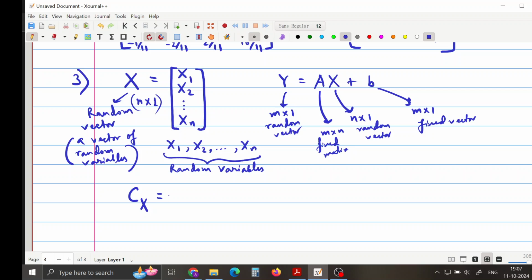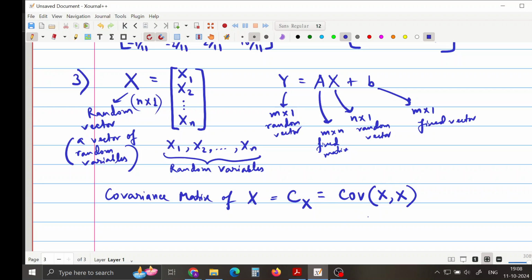It's the covariance matrix of the random vector x. Here x is a random vector, so that is denoted by Cx in our question. In our lectures, I think what we have seen is this notation. So we are finding the covariance of x with itself.